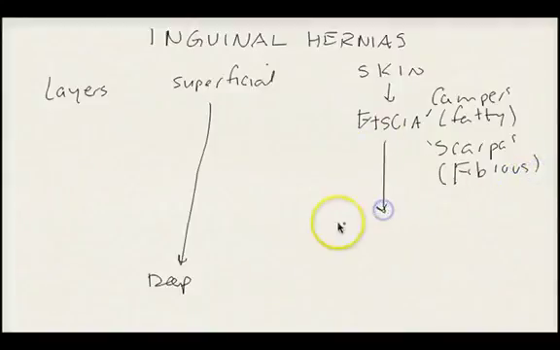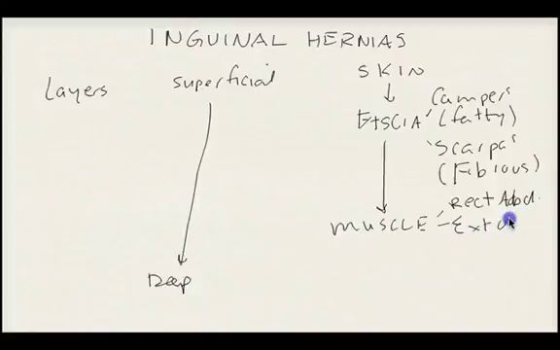Then we have muscle. The muscles are the rectus abdominis, the external oblique, the internal oblique, and the transverse abdominis.